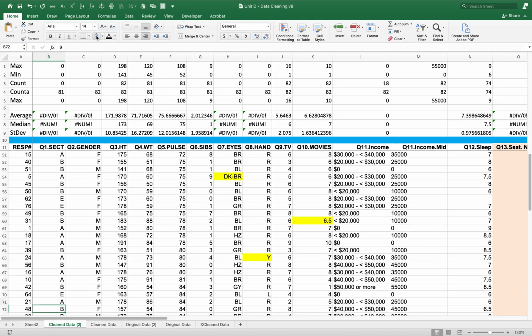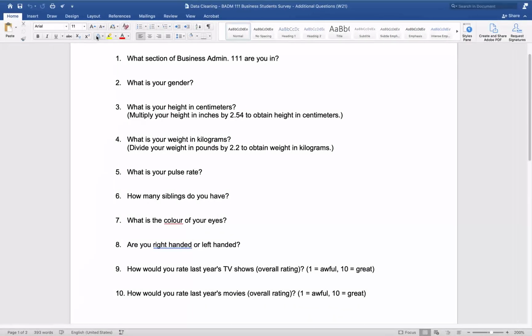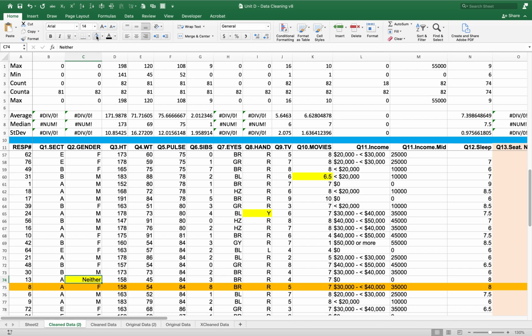And we look down here, and for gender, we've got down here a neither. Now, the thing about gender is that that is actually something which would be considered to be a legal answer. And so you might want to actually keep that the way it is here. You won't be able to use that in analysis, like say a test of independence, because there's only one.